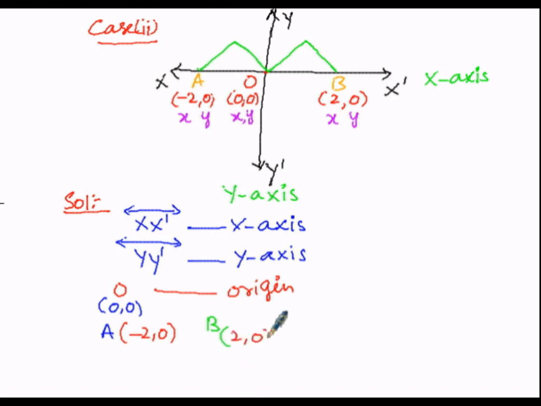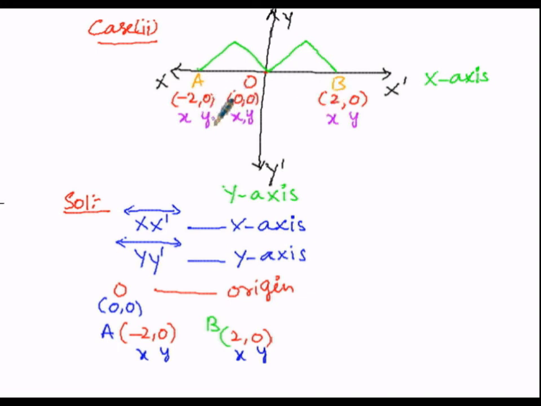In these two points, the x coordinate of point A is -2 and the y coordinate is 0, and in point B, ordered pair 2, 0, the x coordinate is 2 and the y coordinate is 0. The graph AOB is touching the x-axis at three points: A, O and B. As per the condition, when the graph touches the x-axis at various points, the x coordinates of those ordered pairs are the zeros of that particular function.